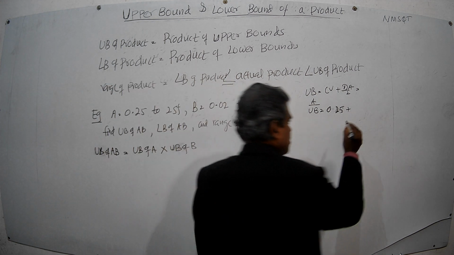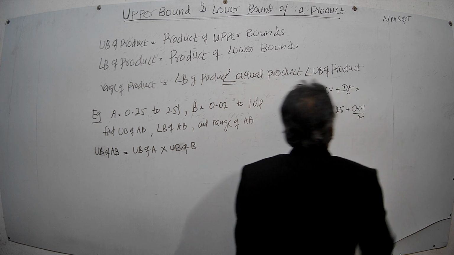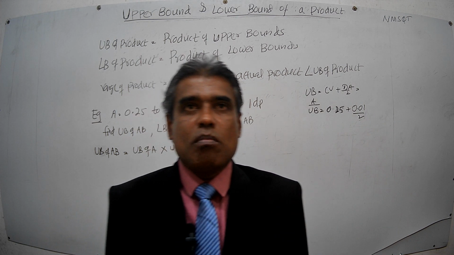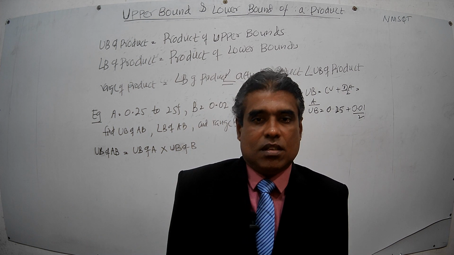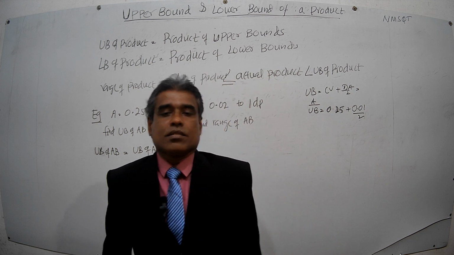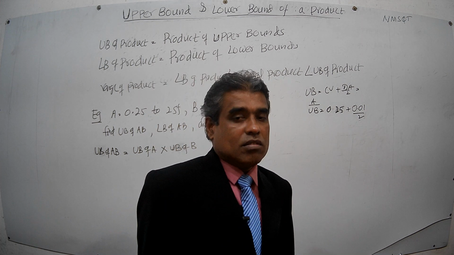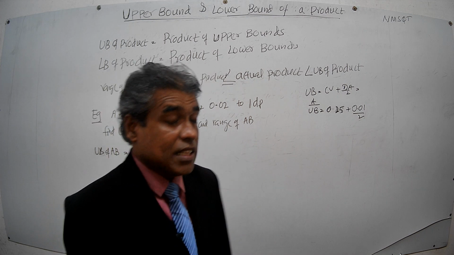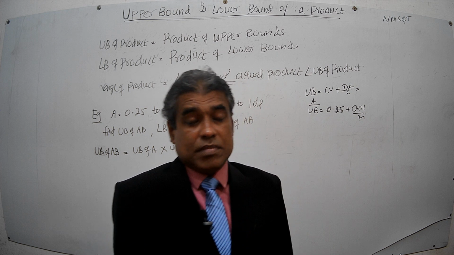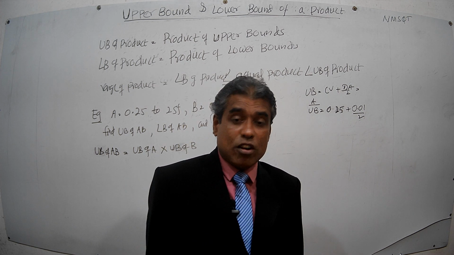We have learned that in one of the previous videos. Then divide by 2. I have done a video to find the upper bound and lower bound of decimals. Go to that video in the playlist. The playlist is called Rounding of an upper bound and lower bound.